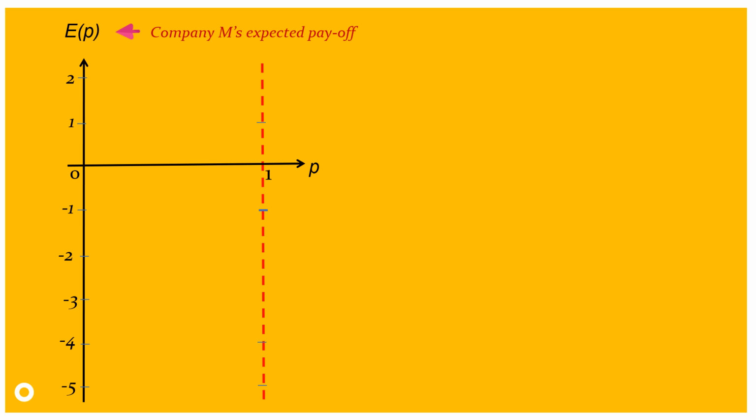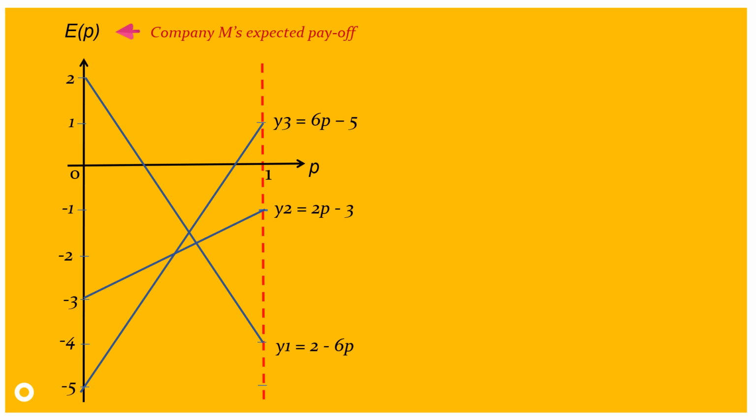Then the first line is drawn to represent the first expected payoff, 2 minus 6p, the second line to represent the second expected payoff, 2p minus 3, and the third line to represent the third expected payoff, 6p minus 5. Since company M wishes to maximize the expected payoff, the value of p is the value that peaks at the bottom line, which is the point of intersection between line y1 and y2.